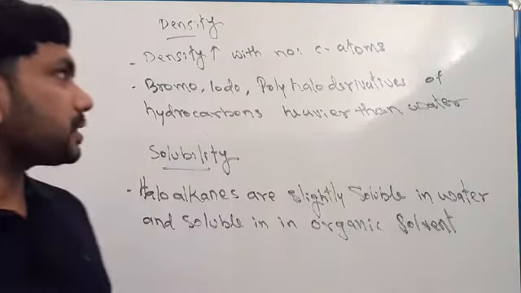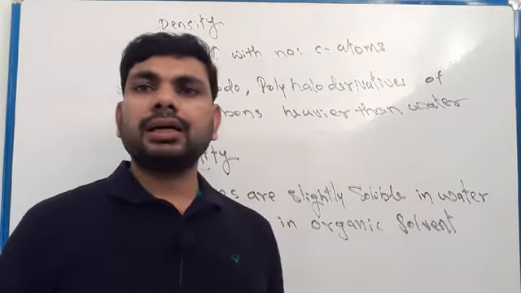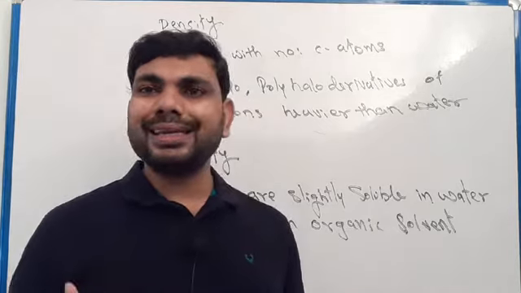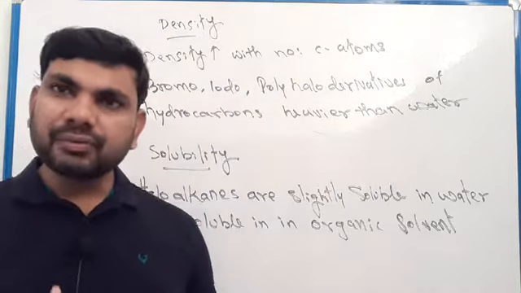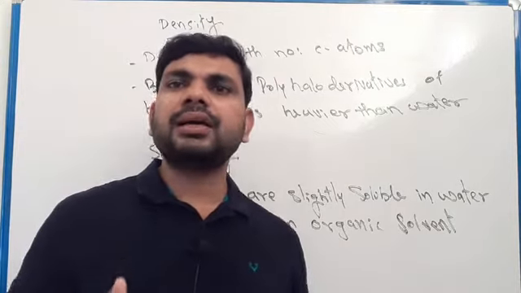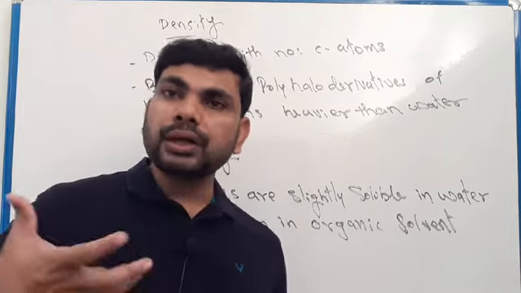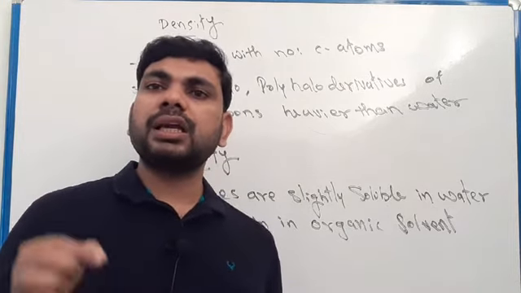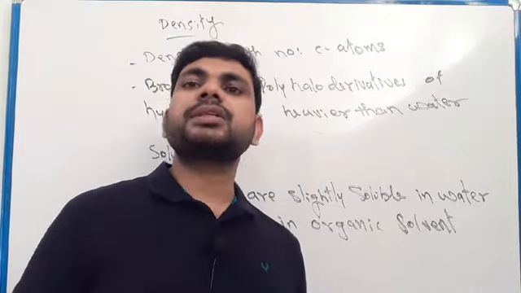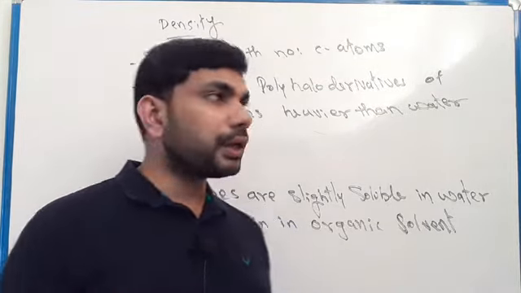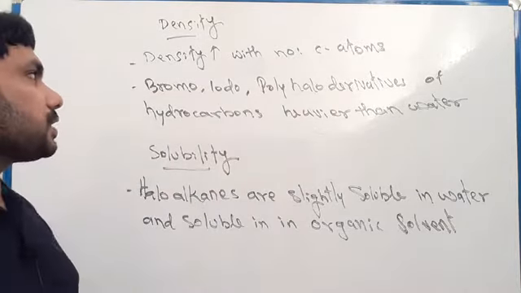First, density: the density of haloalkanes increases with increasing number of carbon atoms. An alkyl halide with more carbon atoms shows high melting and boiling point, and density increases with the increasing number of carbon atoms.